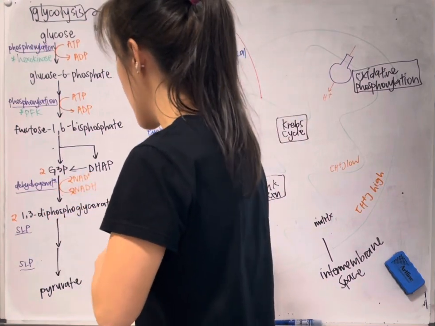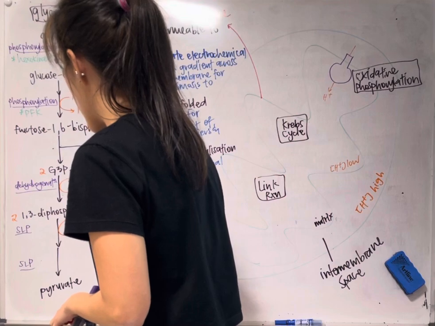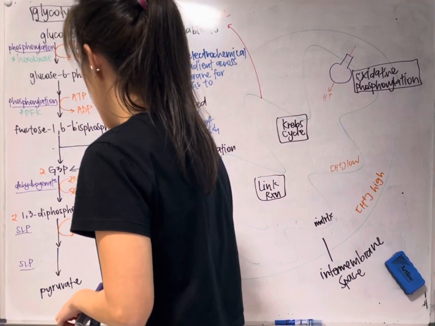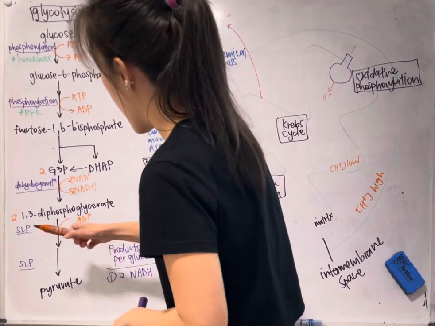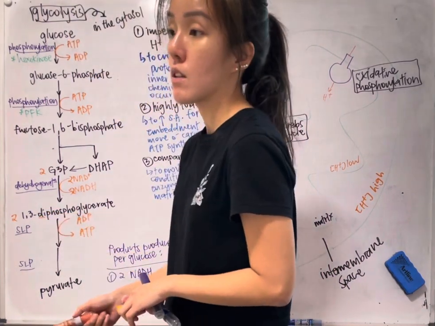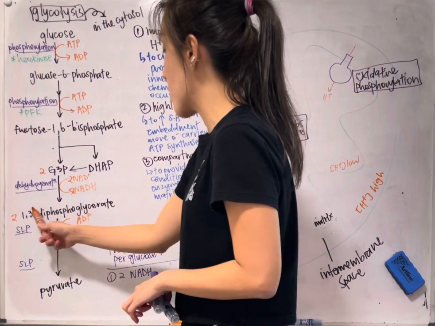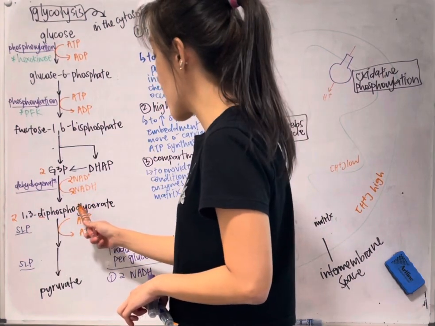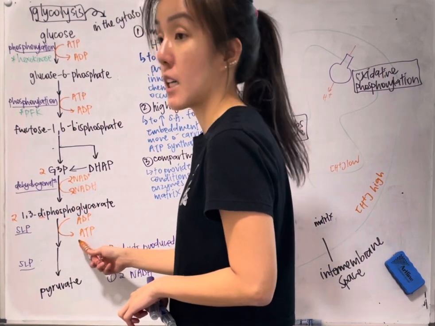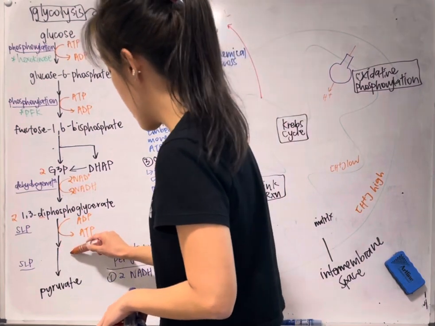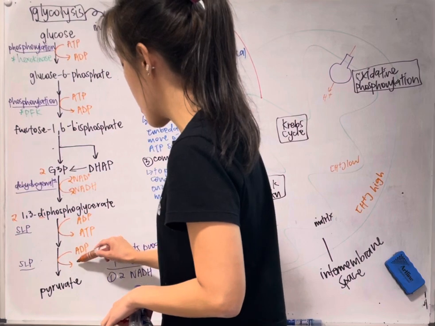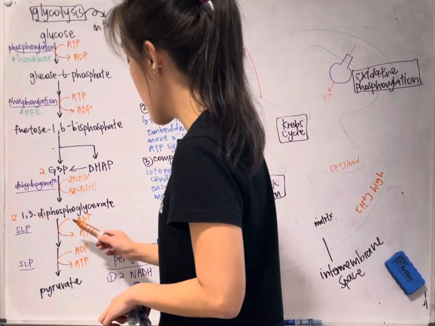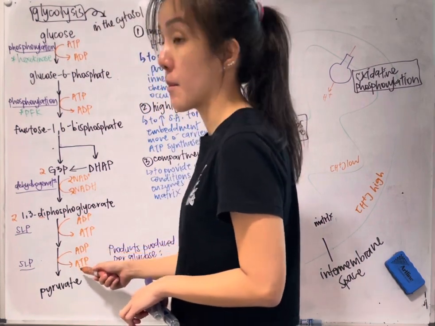I repeat, substrate level phosphorylation is you transfer the phosphate group from the substrate to ADP. Why? Do you see di means 2? So you have 2 phosphates in each of this. One of the phosphates is transferred to ADP and you will become ATP. So they transfer the next phosphate group to your ADP to become ATP.